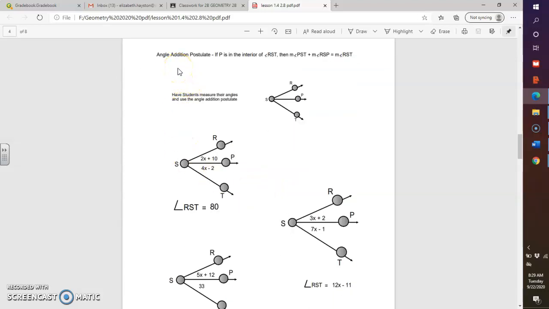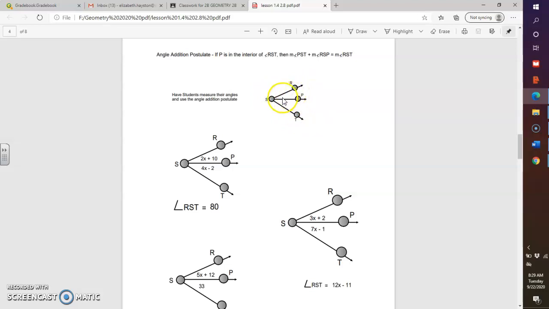Then we move on to our angle addition postulate. Same thing as the segment addition postulate, with the only difference being that you're dealing with angles. Essentially what we're saying is two smaller angles, RSP plus PST, have to add up to make the bigger angle, RST.